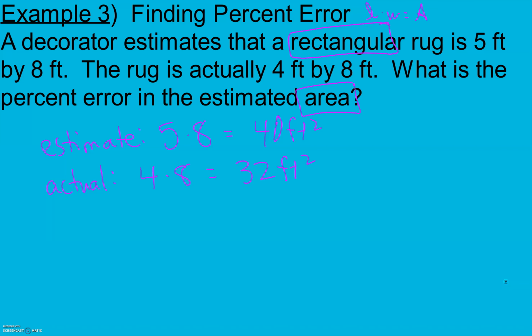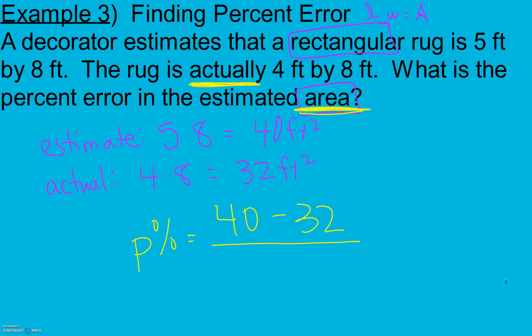Okay, now as far as finding our percent change goes, I'm still going to take bigger minus smaller. And again, this is of my areas because we're talking about area. So my areas are 40 and 32. And I divide by the original, which is the actual. Because that rug was actually 4 by 8 way before we ever said, maybe it's 5 by 8. Okay, that's where it started.